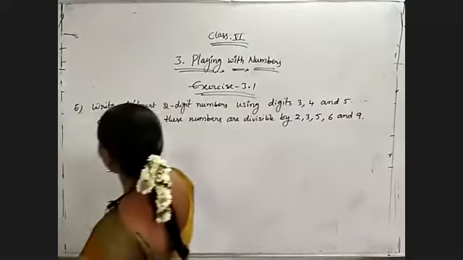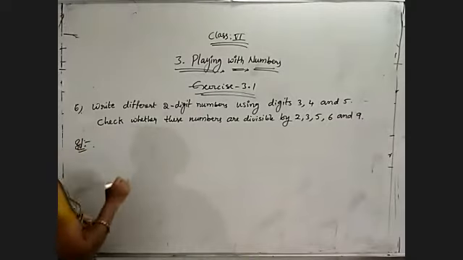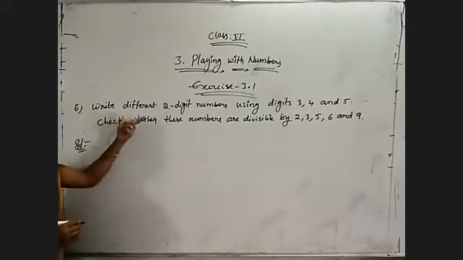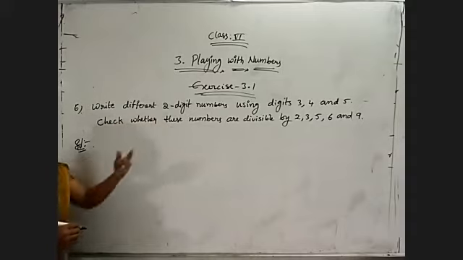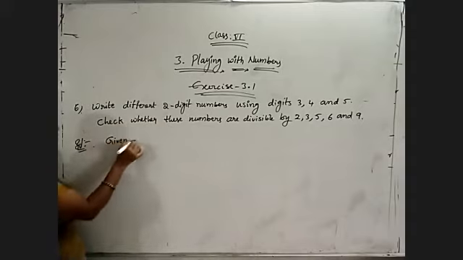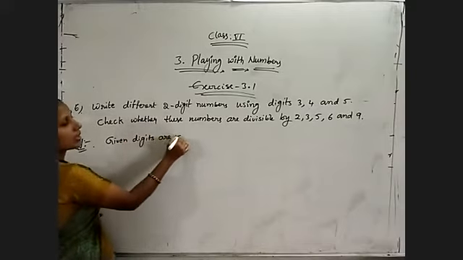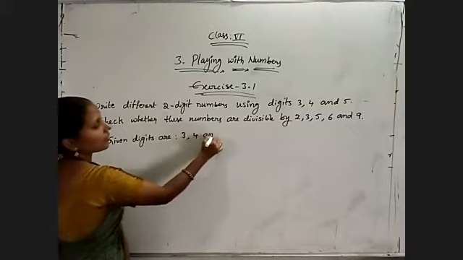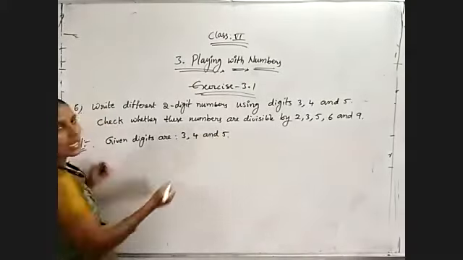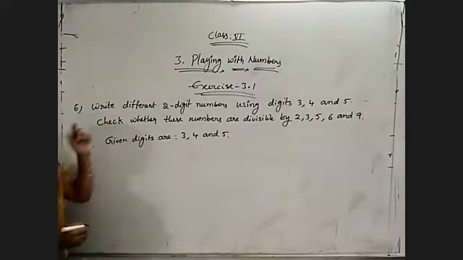Okay. Now observe this question. Write different two-digit numbers using digits 3, 4 and 5. Here 3 digits are given, so given digits are 3, 4 and 5. Total 3 digits are given, but they are asking us to form only 2-digit numbers, different 2-digit numbers.